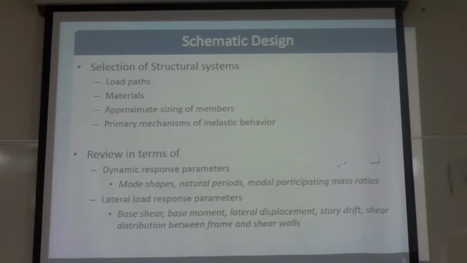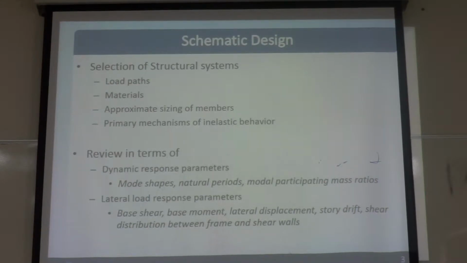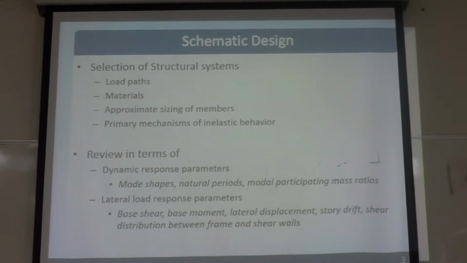And if we need to do the seismic design, we have to consider the primary mechanisms for the inelastic response of the building. If the building is not in seismic zone, you need to consider only the elastic design for the lateral load for wind.